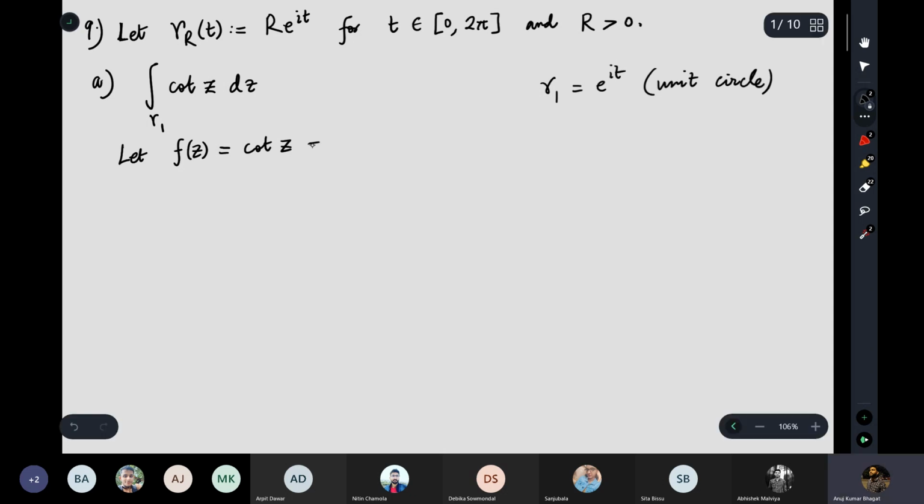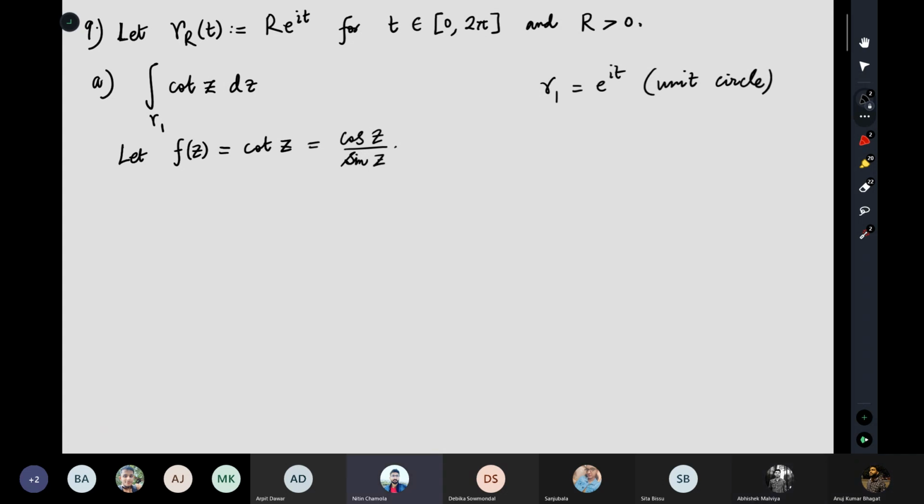Notice that f(z) is nothing but cot z, which is cos z divided by sin z. What are the singularities of this function? How will you calculate them? Zeros of sine. Correct. The singularities of this function are all those z where sin z is 0. And where is sin z 0? At z equals n pi.